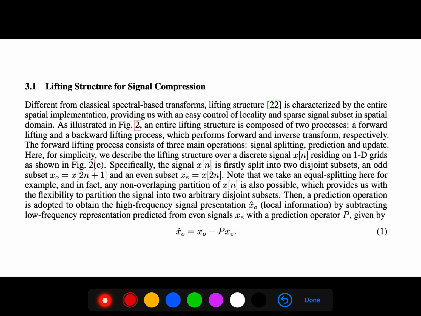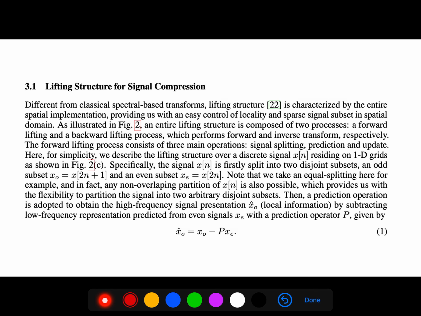You know, these things in graph signal processing are becoming more and more important. Note that we take an equal splitting here, for example, and in fact any non-overlapping partition of x is also possible, which provides us with the flexibility to partition the signal into two arbitrary disjoint subsets.